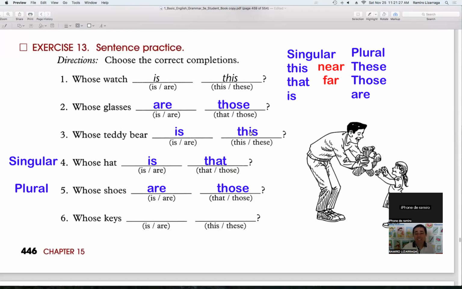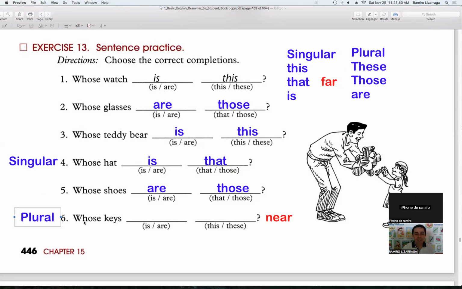Okay, this, it's close. That, it's far. Look, this is near. Okay, this is far. Look at that. Okay, whose shoes are those? And this is near. Look, this is near.